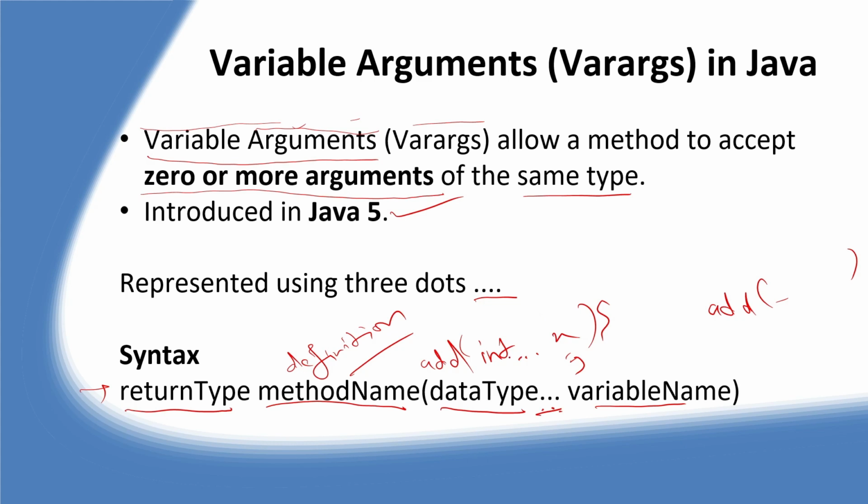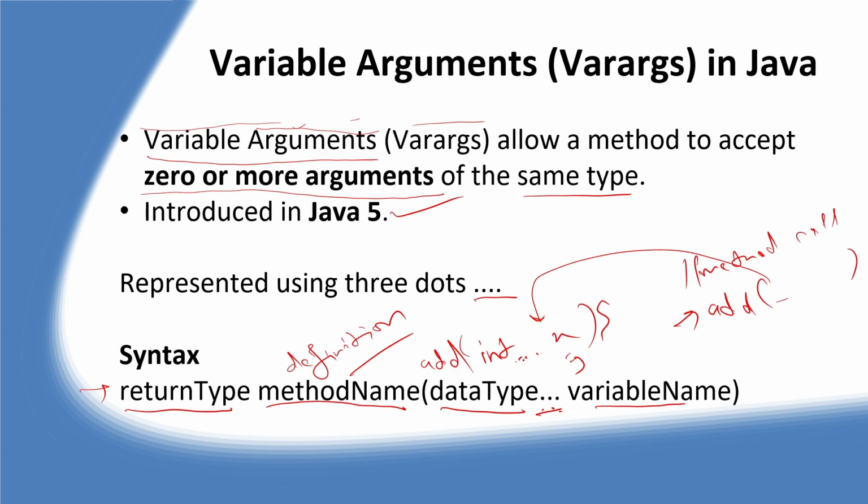But in this case we provide the data type and then 3 dots. That means in the method call statement, we used to pass arguments based on the number of parameters in the method definition.